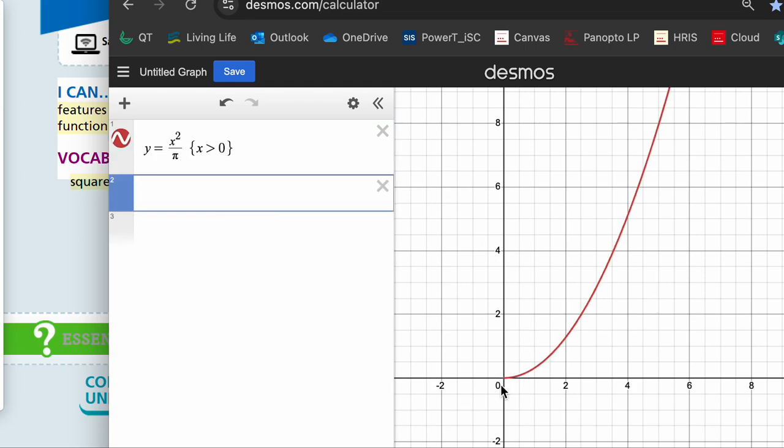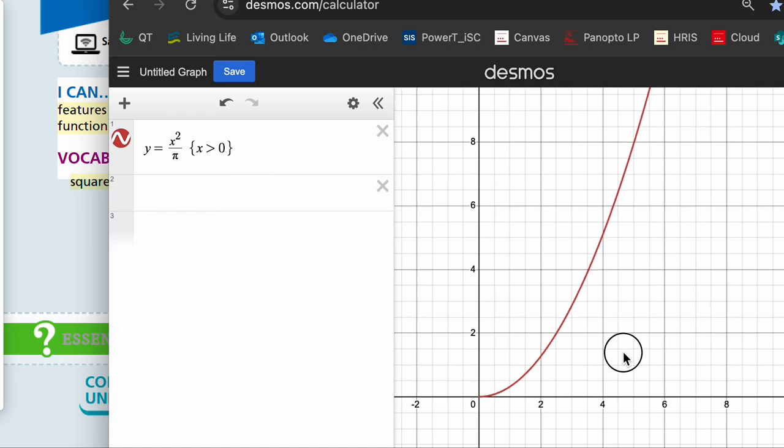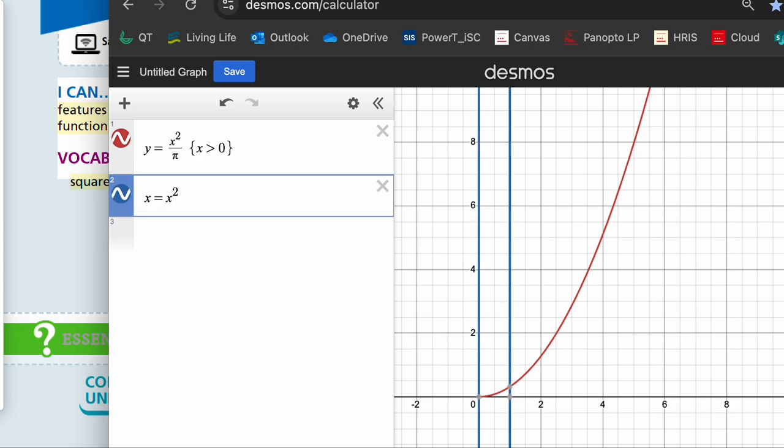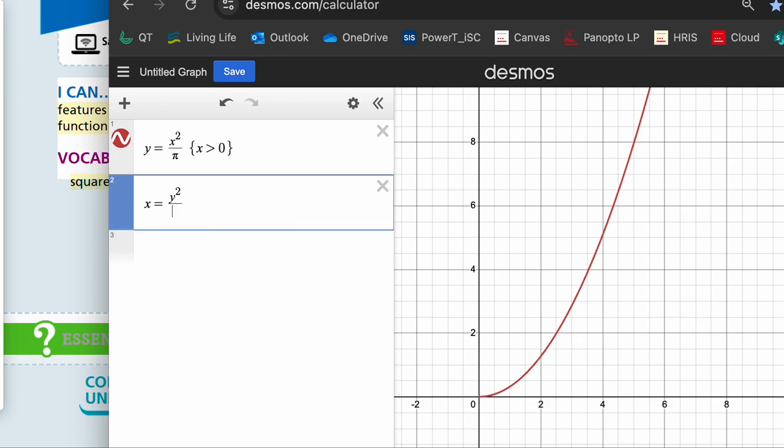Okay, so then we have this graph, but obviously if we switched x and y, this is the first function, this one is a square function, right? But it's a quadratic function. But if we switch the domain, let's see, this is y divided by pi, where y is greater than 0.